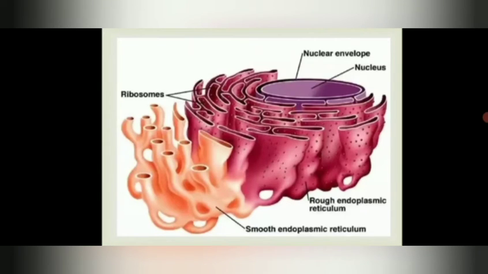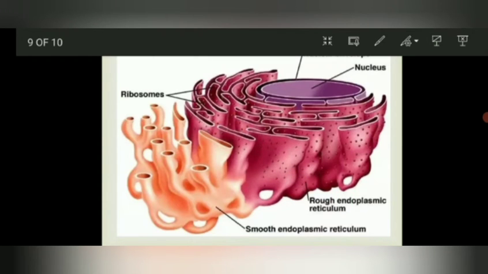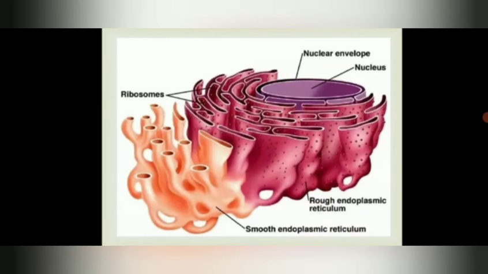Here you can see the structure of endoplasmic reticulum. As I said, there are two types of endoplasmic reticulum. One is rough endoplasmic reticulum, another one is smooth endoplasmic reticulum. This pink colored network is rough endoplasmic reticulum, and this orange colored network is smooth endoplasmic reticulum.